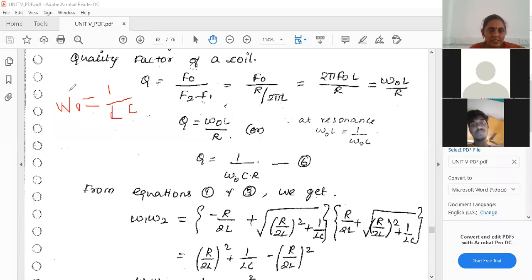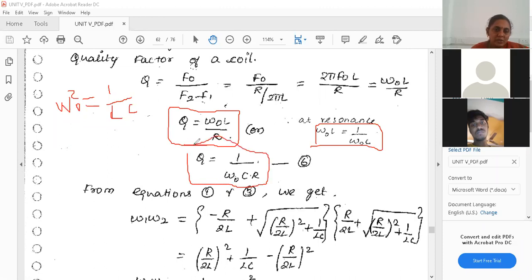Omega naught square is equal to 1 by LC. Or you can write it as omega naught L is equal to 1 by omega naught C. Now, with respect to inductance, you can define Q as omega naught L by R. With respect to capacitance, you can define Q is equal to 1 by omega naught C into R.